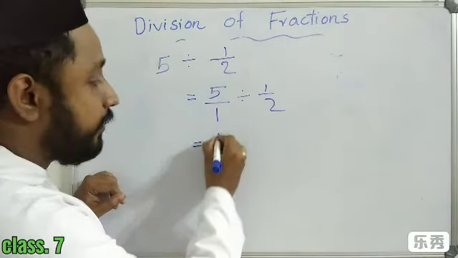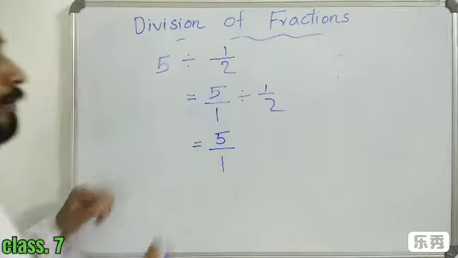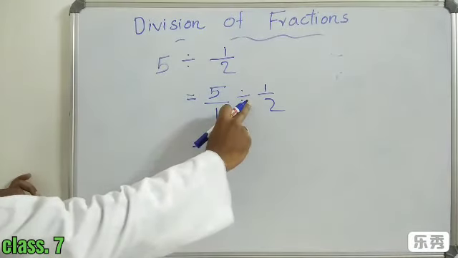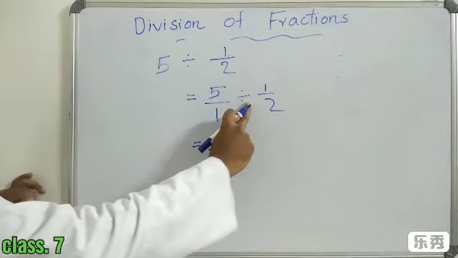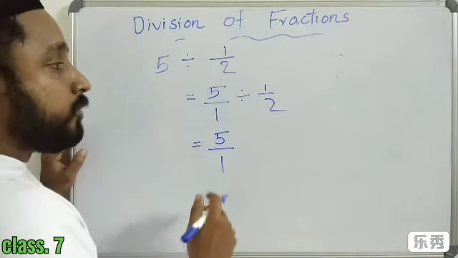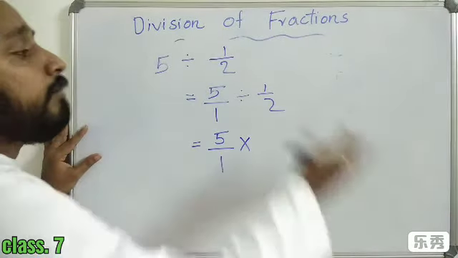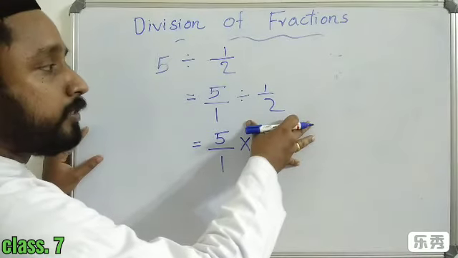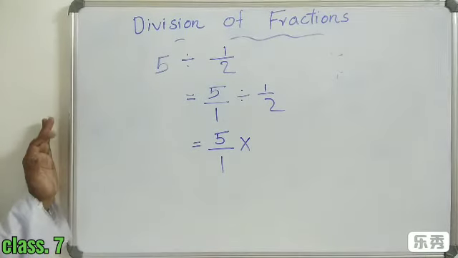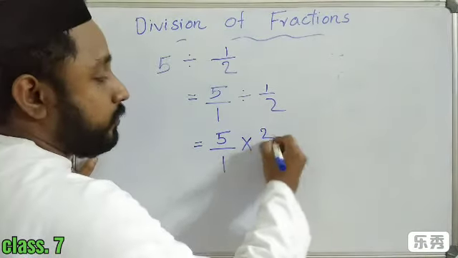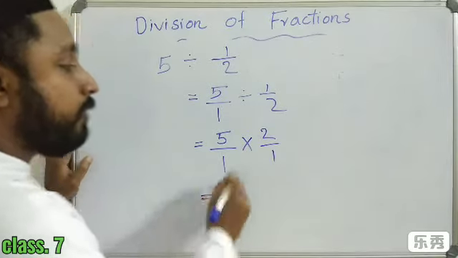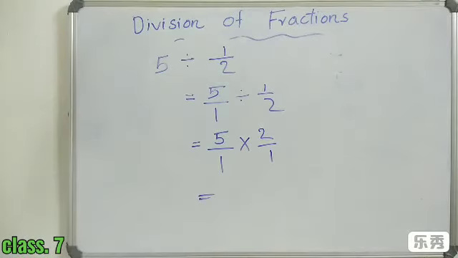which means for 5 by 1, we are going to change this division into multiplication. Then write the reciprocal. The reciprocal of 1 by 2 is 2 by 1. Now we know that in multiplication of two fractions, we multiply the numerators and multiply the denominators.